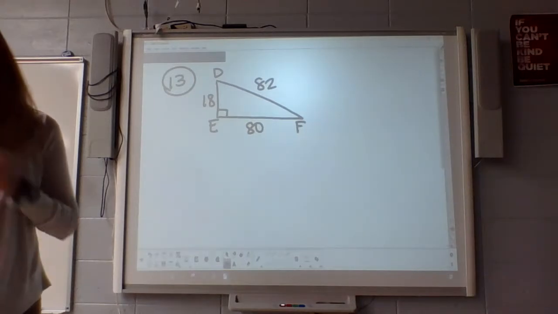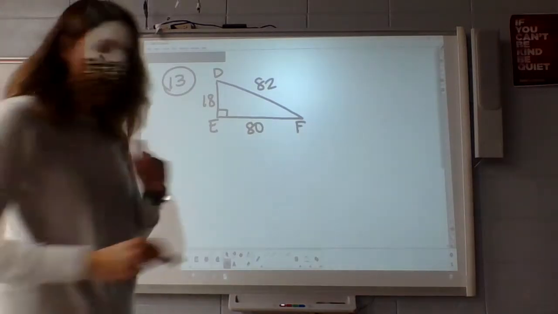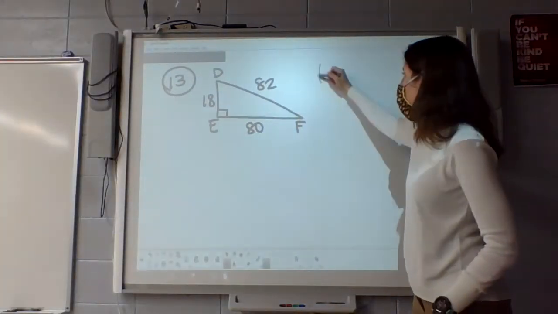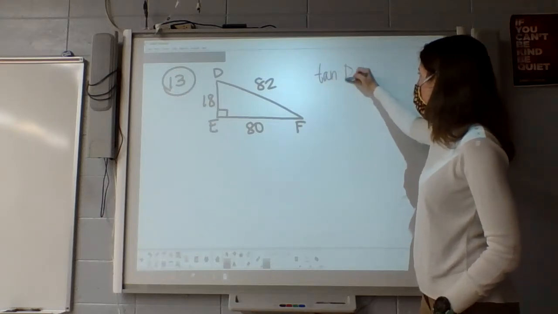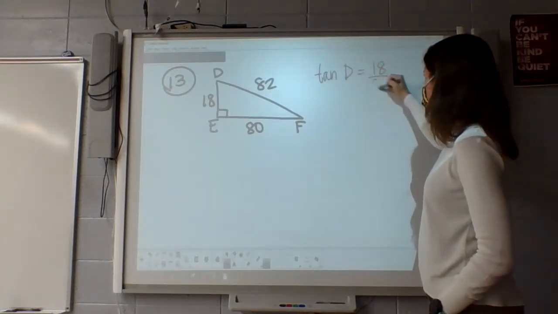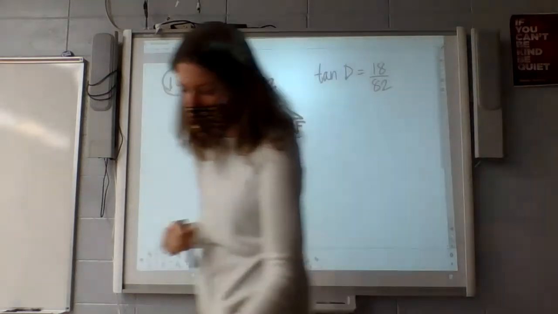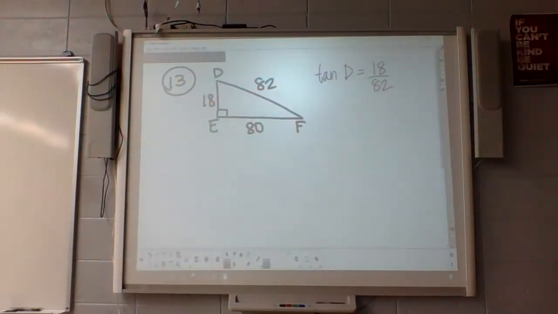They tell us the tangent of D is 18 over 82. It says describe the error in the statement, correct the statement if possible, otherwise write not possible. So it's possible, like if it's not something we can fix.